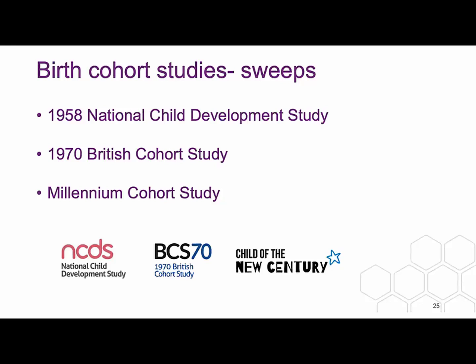So it began with an original sample of 18,818, it's an easy number to remember, cohort members, and it provides multiple measures of the cohort members' physical, socioeconomic, cognitive and behavioural development over time. But it also includes information about their daily life, their behaviour and experiences. And the National Pupil Database has also been linked to Millennium Cohort study data, including GCSE exam results.